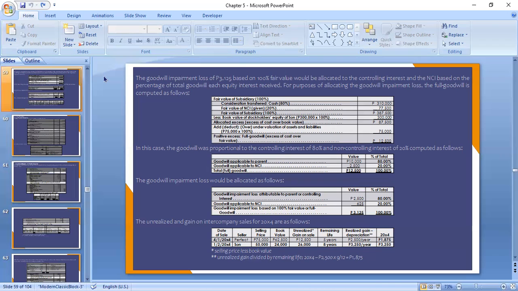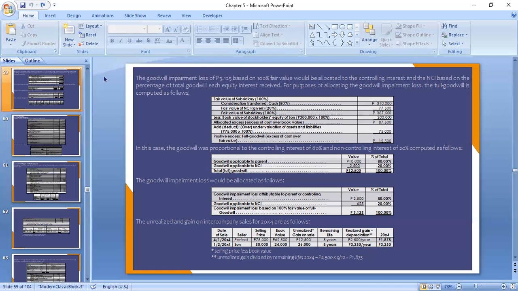And the goodwill impairment loss attributable to parent or controlling interest is 2,500, or 80%, and goodwill applicable to NCI is 625, a total of 3,125. That's the goodwill impairment loss based on 100% fair value, or full goodwill.